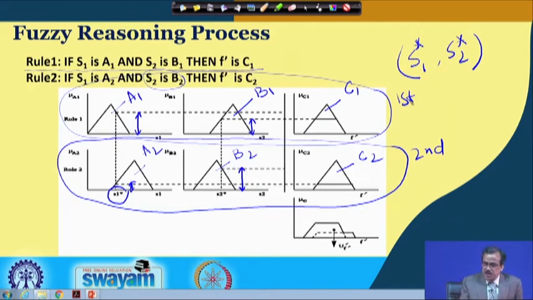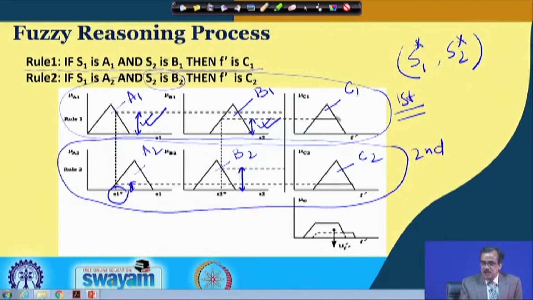Now, we concentrate on the first rule. The rule is as follows: if S1 is A1, here I will be getting some membership function value corresponding to S1, and S2 is B1, here corresponding to this S2 star I will be getting some membership function value, then A prime is C1.